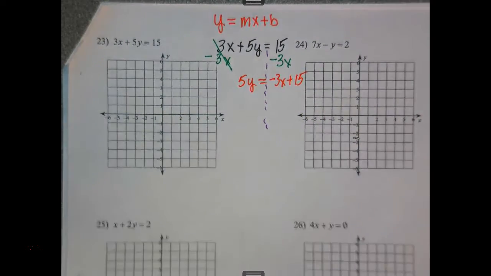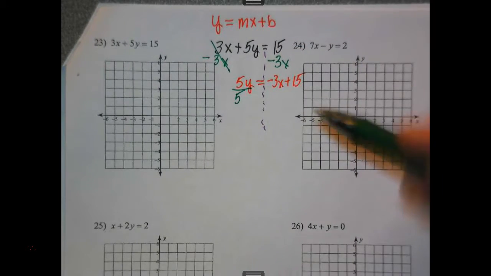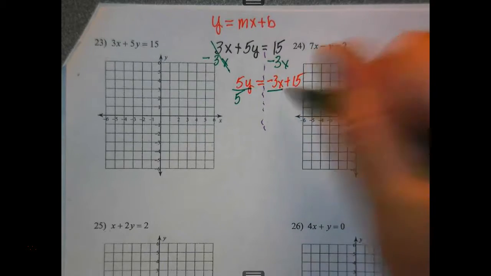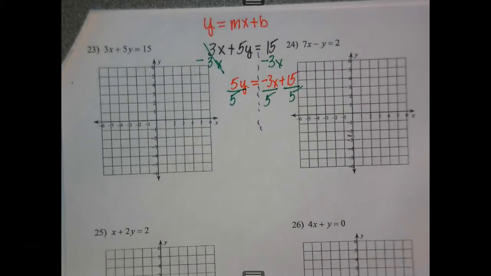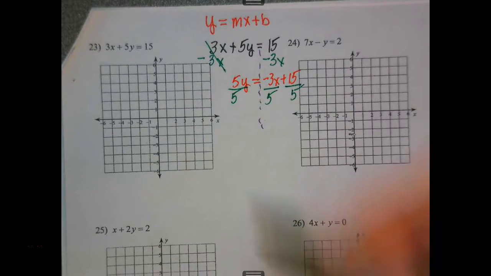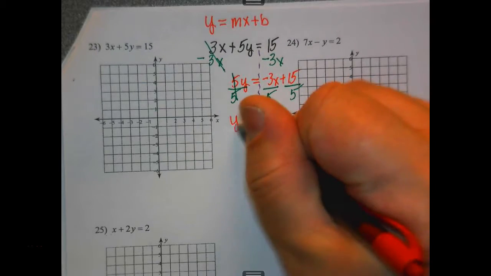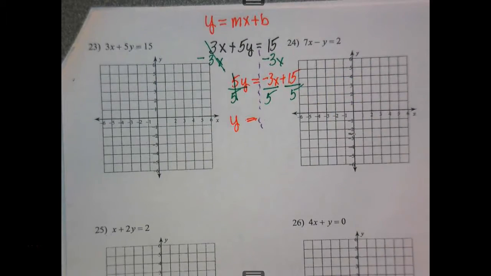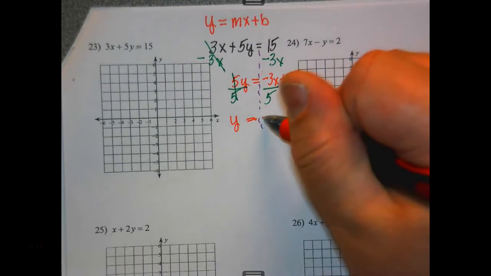I still have to get y by itself. Divide by 5, right? Now, be careful. I have to divide every term by 5. These 5's cancel. I get y by itself finally. Here's my slope, -3/5.